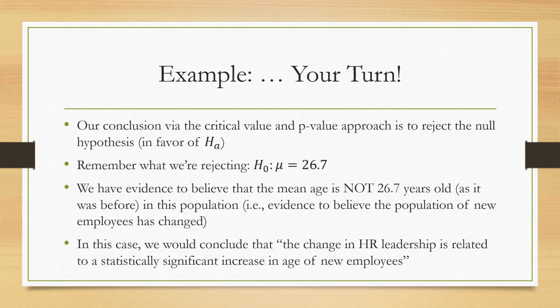Again, that causal claim is not necessarily supported here. What we can say is, well, there does seem to be a relationship with this, and investigate that relationship further to determine if we can find the source or cause of that. And be very careful with causal claims.